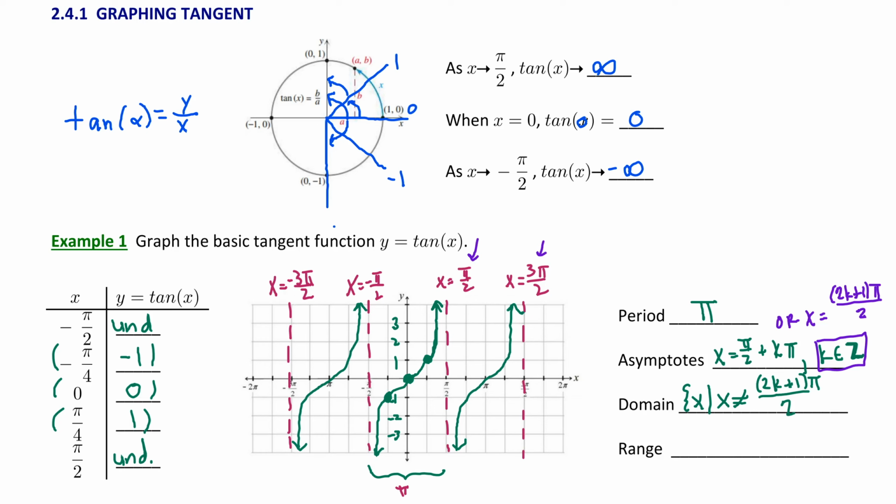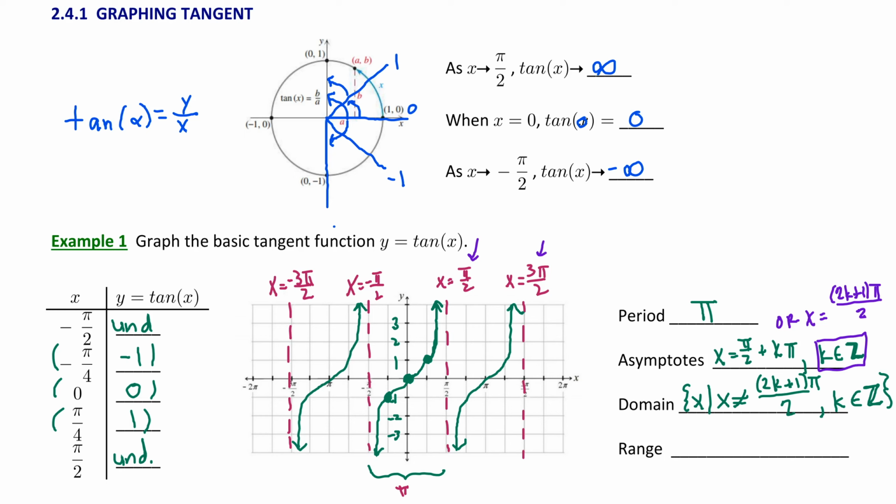You can use either of the expressions that we wrote on the asymptote line, but we do have to specify that k is an element of the integers, or you can write out in words k is an integer. So we express the domain in set builder notation because to do it in interval notation would require an infinite number of intervals, right? And so set builder notation is very efficient.